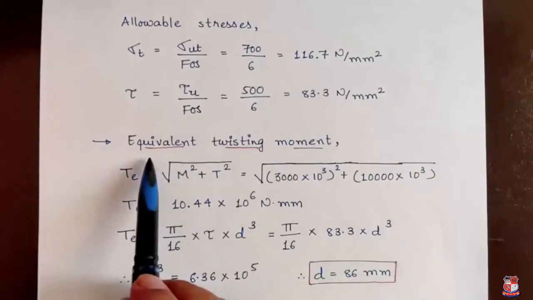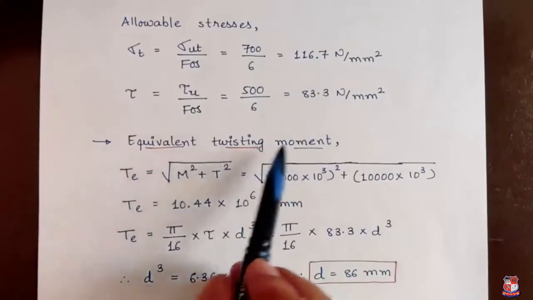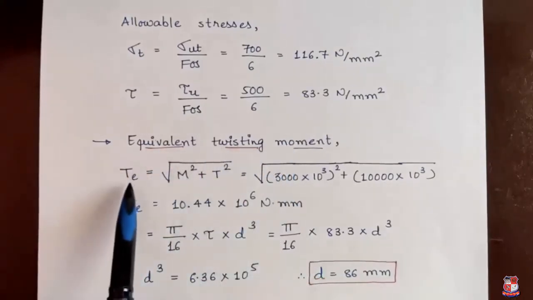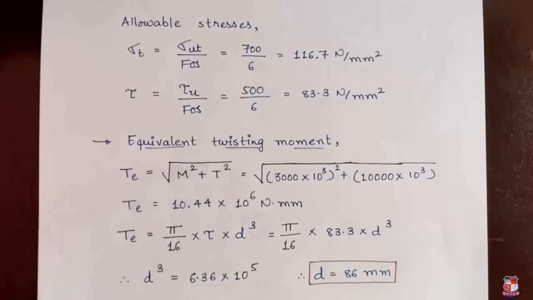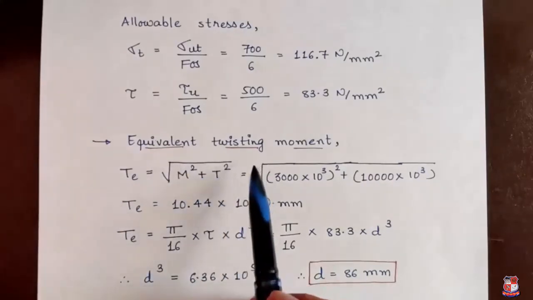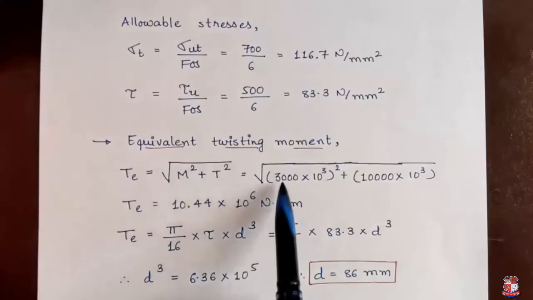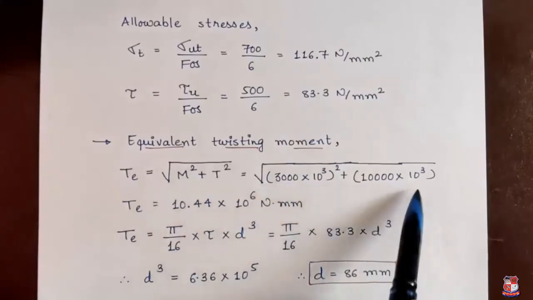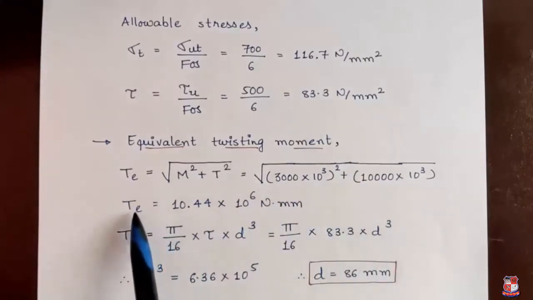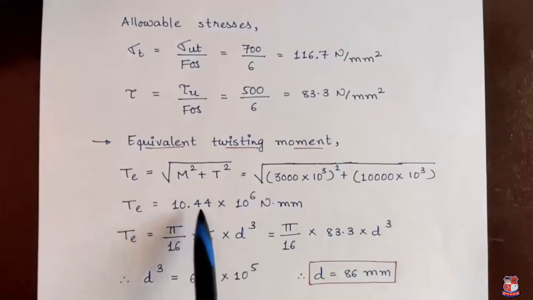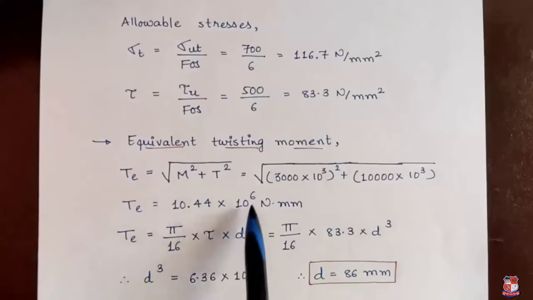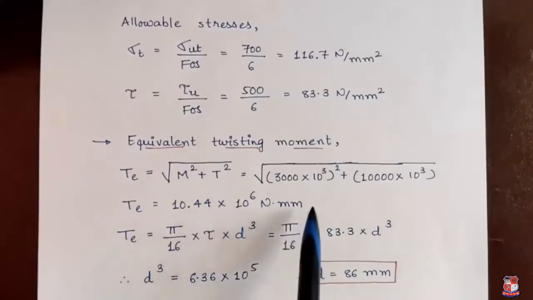Now according to equivalent twisting moment, our equation is TE is equal to root of M square plus T square. We have the values of M and T. So if we put the values here, finally we will get TE, the equivalent twisting moment, is equal to 10.44 into 10 to the power 6 Newton mm.